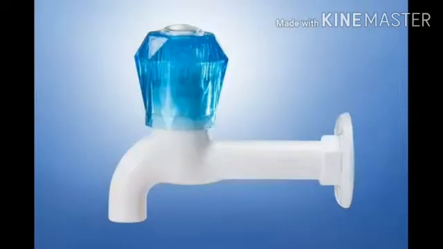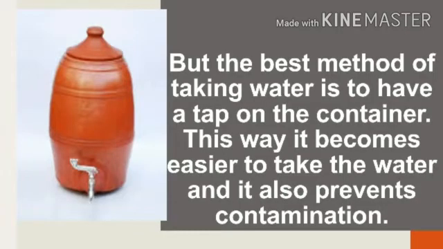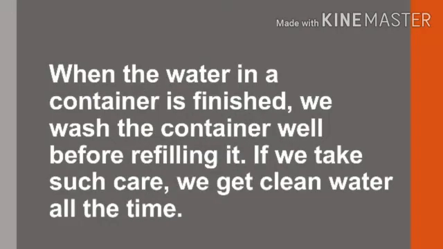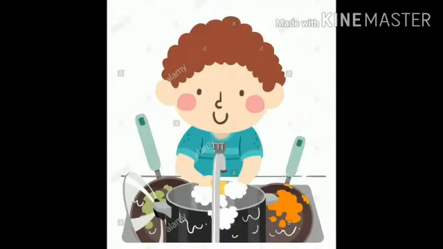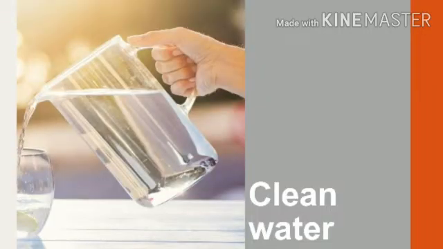This way it becomes easier to take the water and it also prevents contamination. When the water in a container is finished, we wash the container well before refilling it. If we take such care, we get clean water all the time.